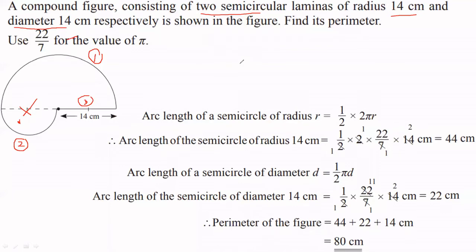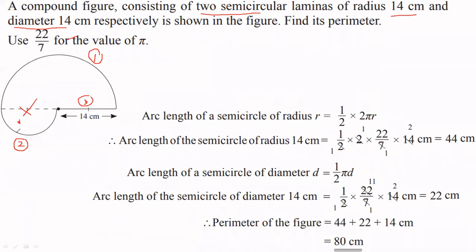Now let's see. Radius is 14. So here to here 14. Radius 14 means in the bigger semicircle, 14 is the radius.